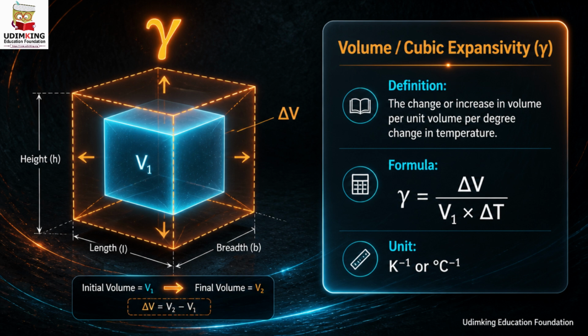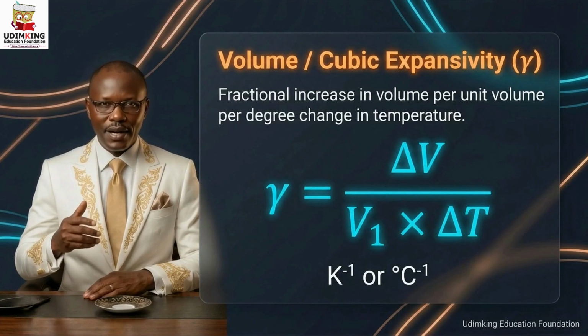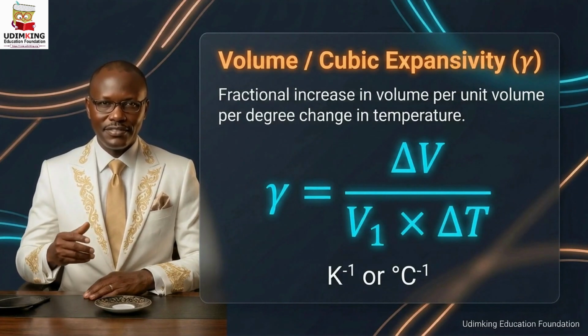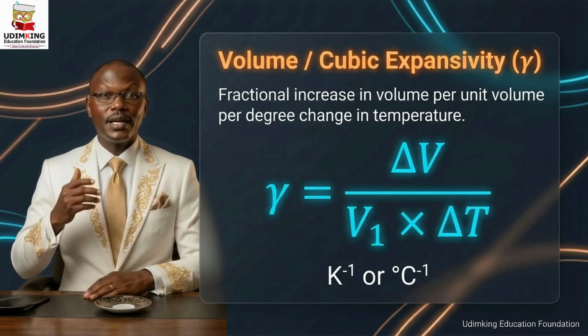Cubic expansivity is defined as the change or increase in volume per degree change in temperature. The mathematical formula mirrors the others perfectly. Gamma equals the change in volume, delta V, over the initial volume V1 times the change in temperature, delta T.